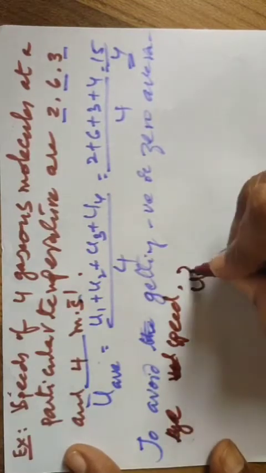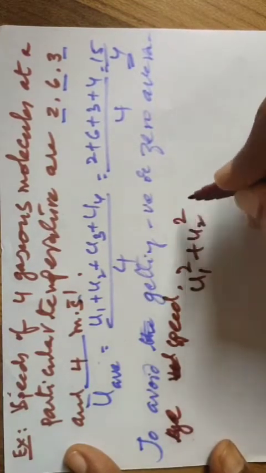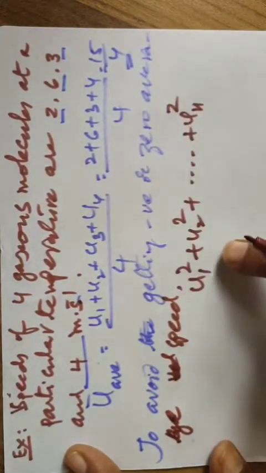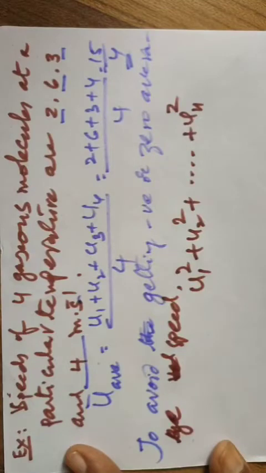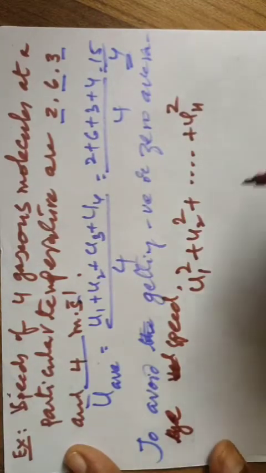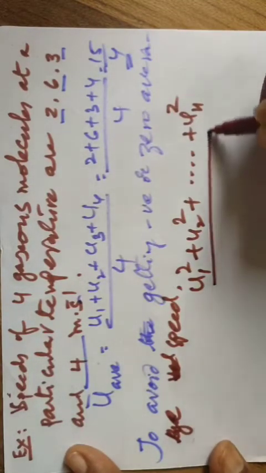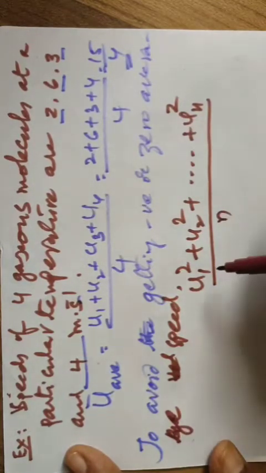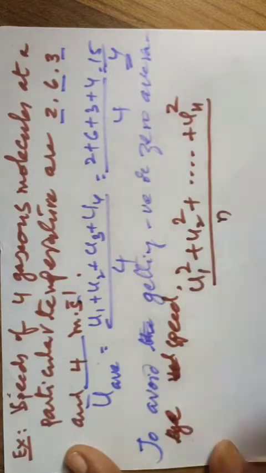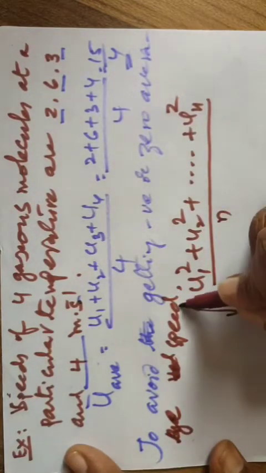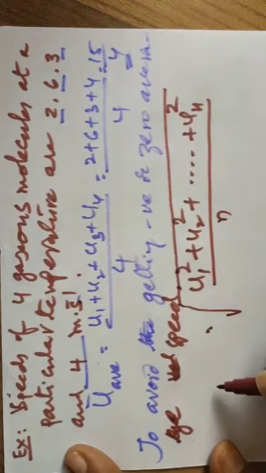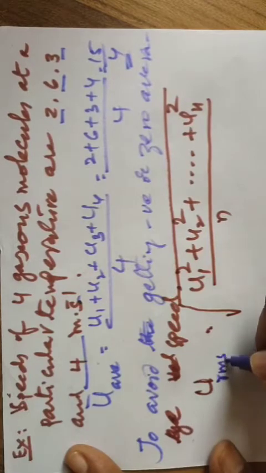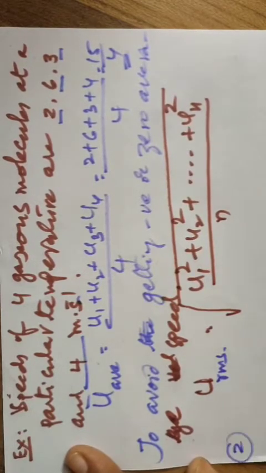So u1 becomes u1 square, u2 becomes u2 square, and so on up to un square. We are squaring the velocities of all the molecules, and after squaring, take the mean over the number of molecules. Then, in order to get the original value, we have to take the square root. This is known as URMS. This is the second type of velocity.